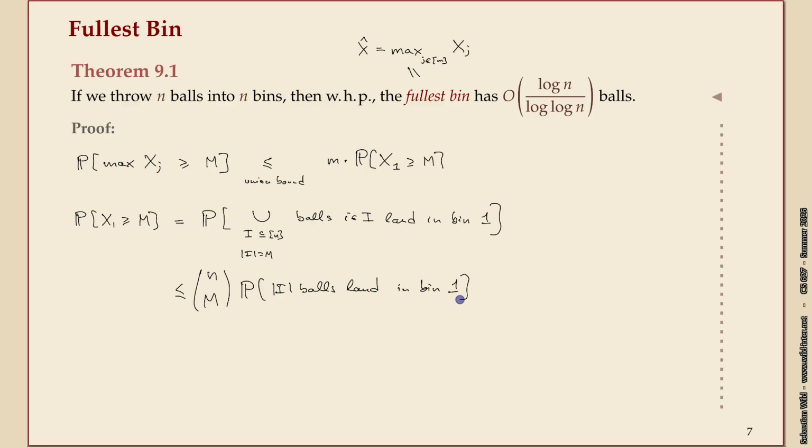Well, that's just 1 over m, the little m, to the power m, because we need that many of them. I'm just looking at those balls and forgetting about the others.